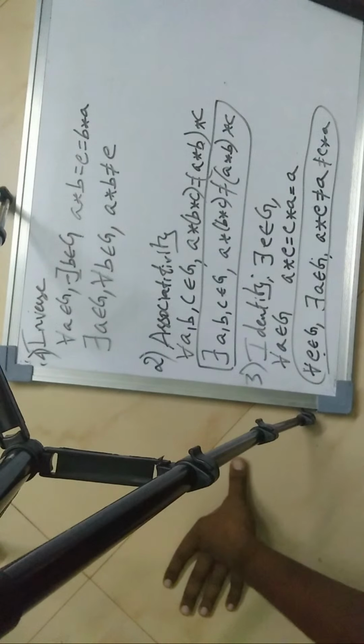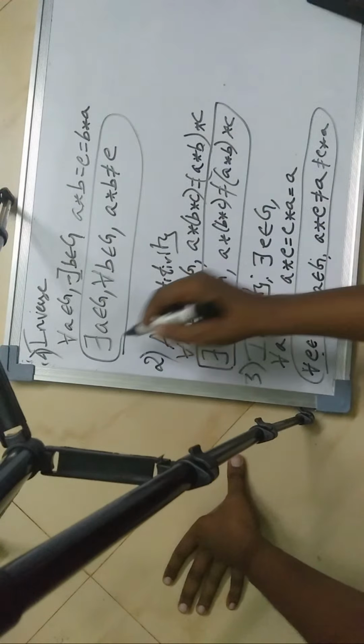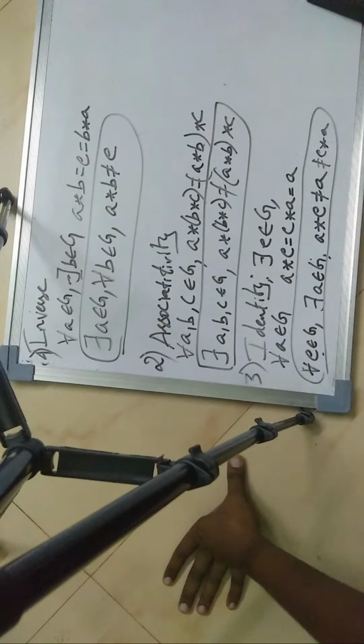That is, you can find at least one element such that when you operate it with any element in the set, it does not give us identity. So this is what we need to show whenever you want to prove that the set along with the binary operation does not satisfy the inverse axiom.